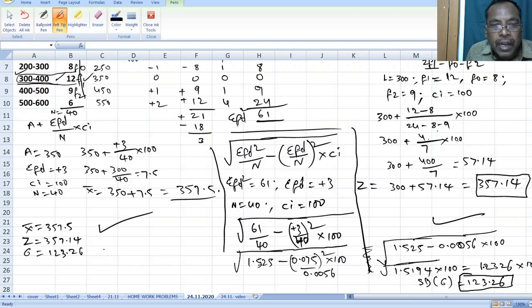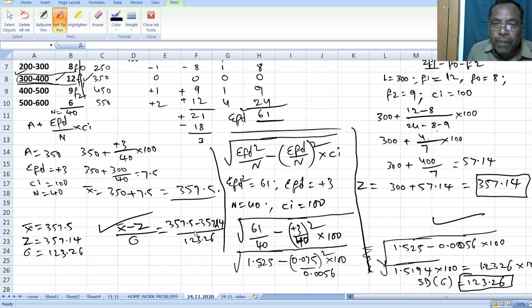So the formula, called the Pearson coefficient of skewness, is equal to arithmetic mean minus mode, divided by standard deviation. That is 357.5 minus 357.14, divided by 123.26.